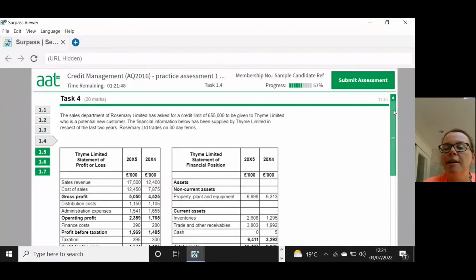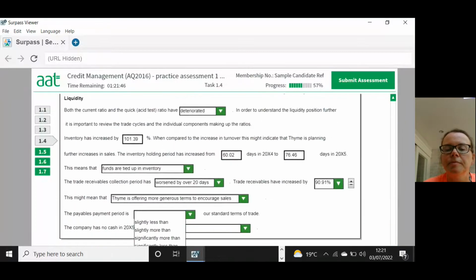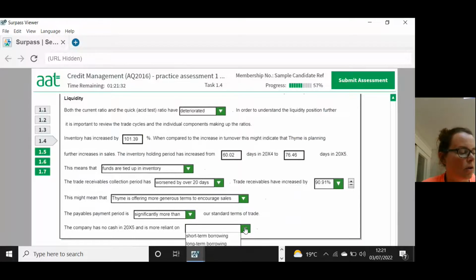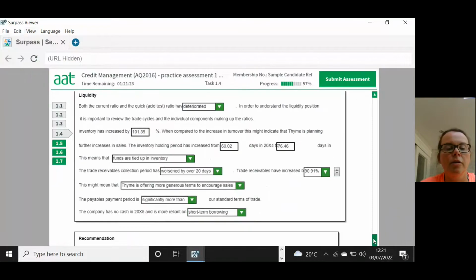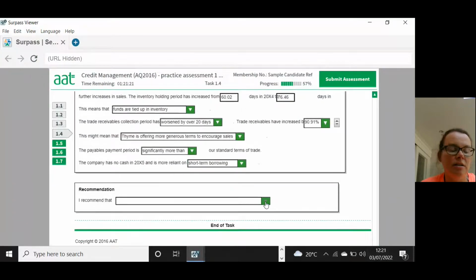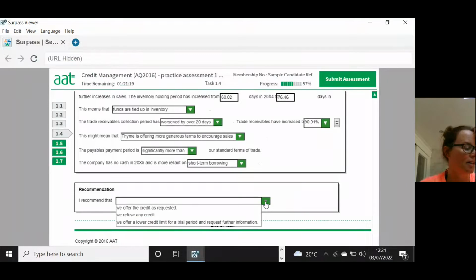Oh, 30-day terms. So significantly more, if it's working out as 97, than our standard terms of trade. The company has no cash and is more reliant on short-term borrowing. So recommendation: it's not looking too clever, so we refuse credit.